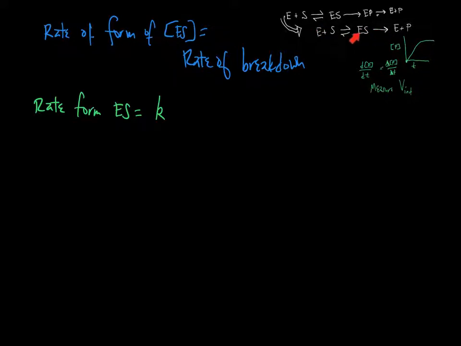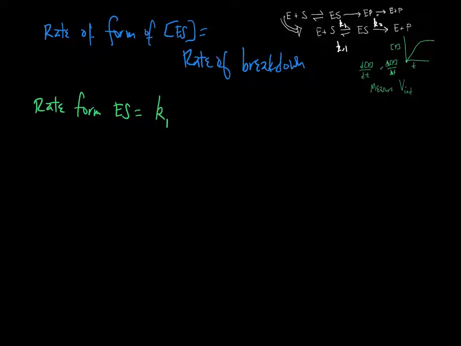We said it was irreversible. Okay, so therefore, I'm going to write back the k's. That's k1. This is k minus 1 going backwards, and this is k2. I meant to write that in earlier. So which of the little k's makes ES? k1. And so you just write down k1.